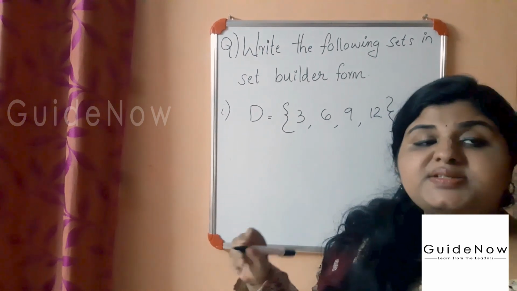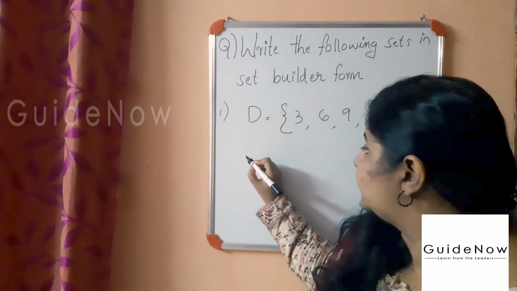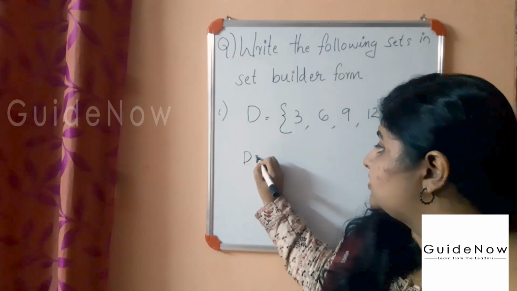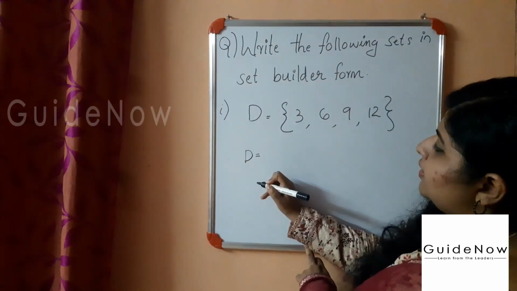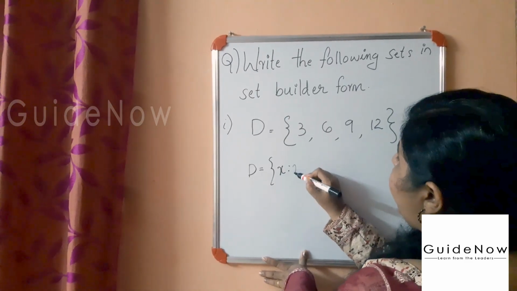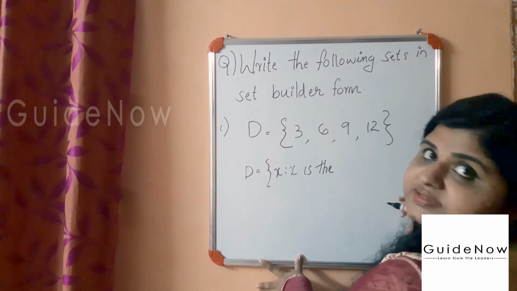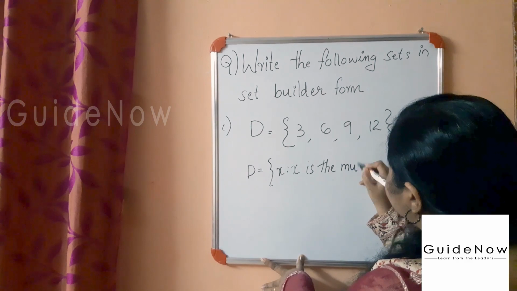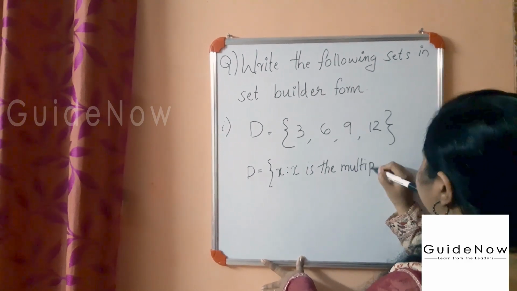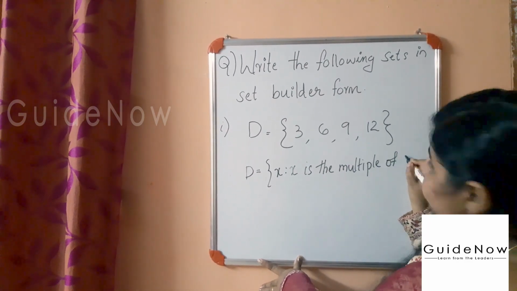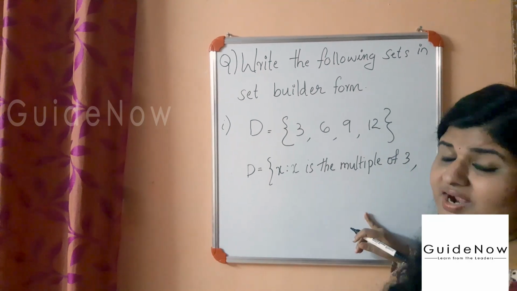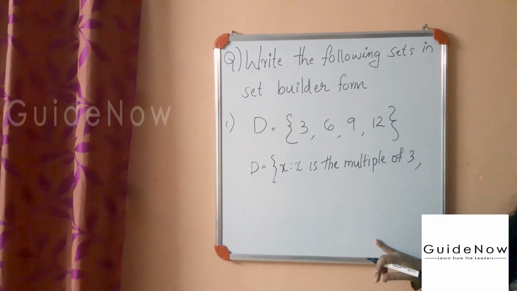How to represent this in set builder form? Set D is equal to X such that X is a multiple of 3, comma. What is the condition here?